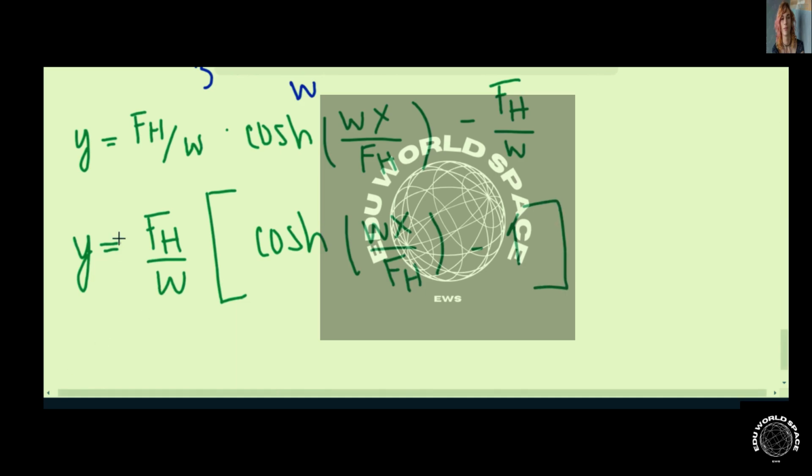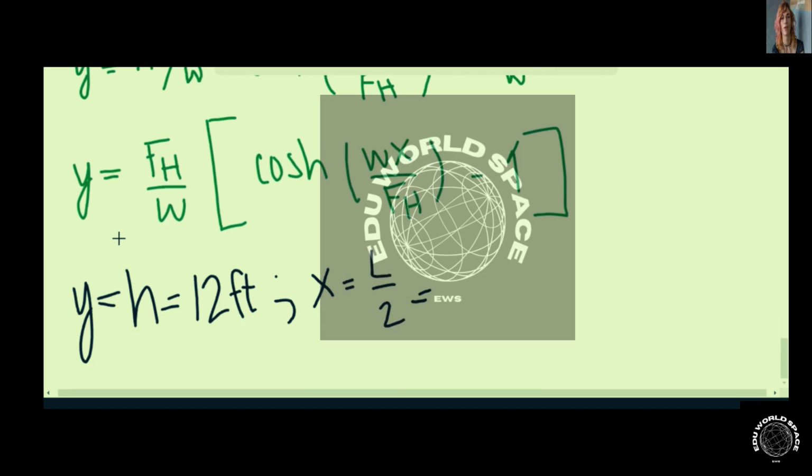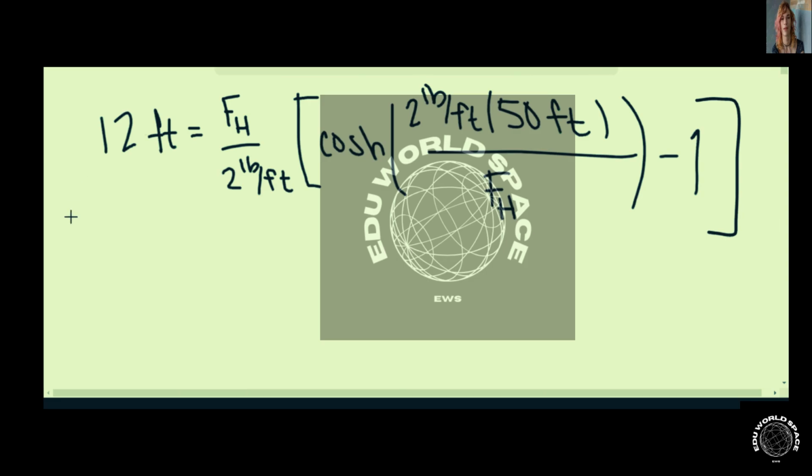If we use this equation to solve for f sub h, where we evaluate it when y equals h, which is the sag of the cable, which equals 12 feet, and where x equals half the length between the 2 points, which is 50 feet, and where w equals 2 pounds per feet, and we plug in these variables, our new equation becomes 12 feet equals f sub h over 2 pounds per feet times the hyperbolic cosine of 2 pounds per feet times 50 feet over f sub h minus 1.